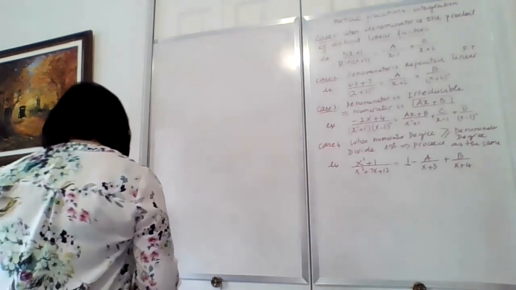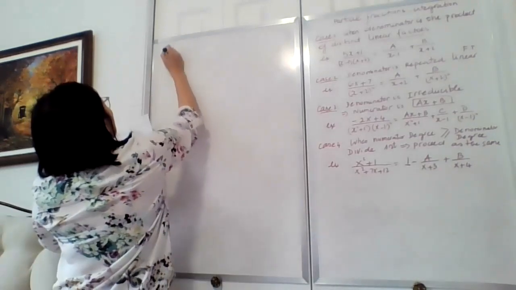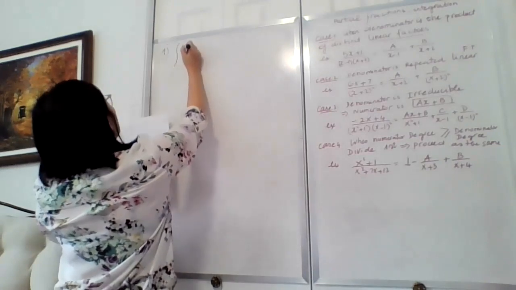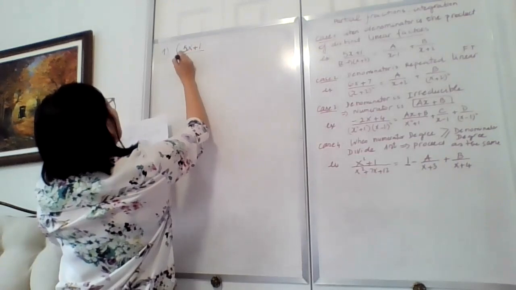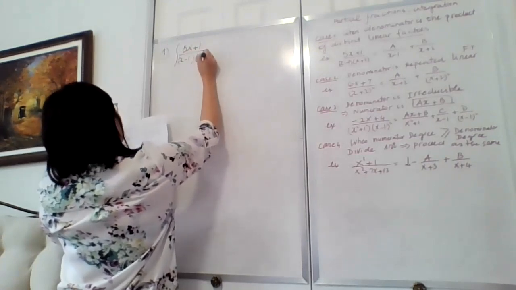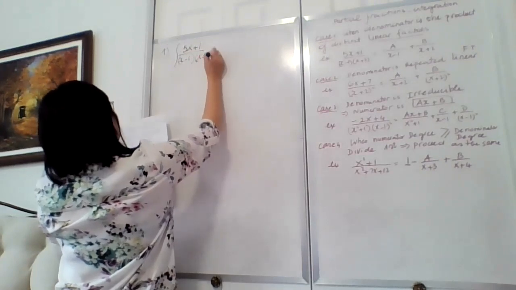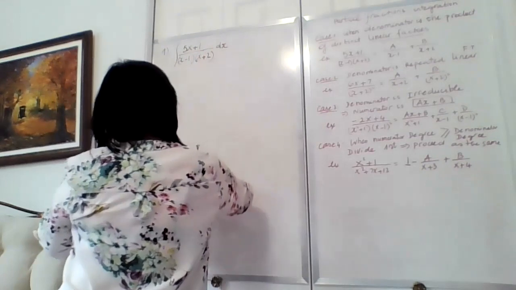So I'm going to show you how. In the first example, we will integrate 5x plus 1 over x minus 1 times x plus 2, and of course this will be dx.